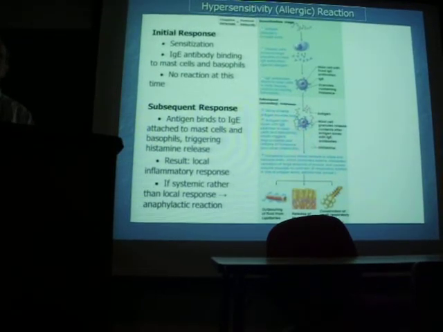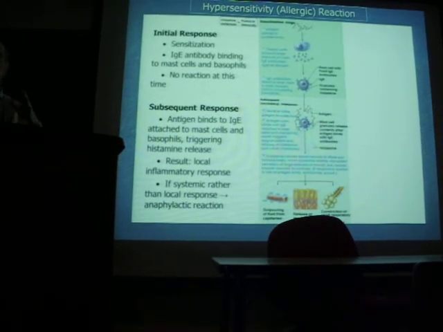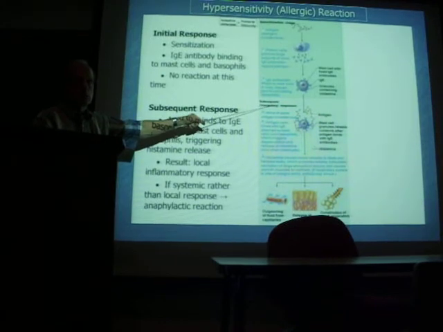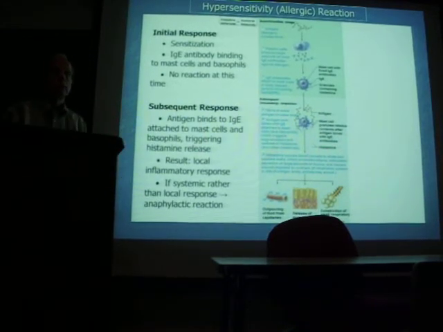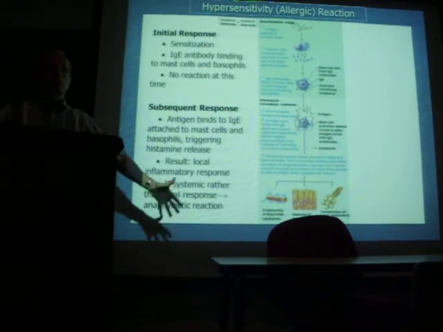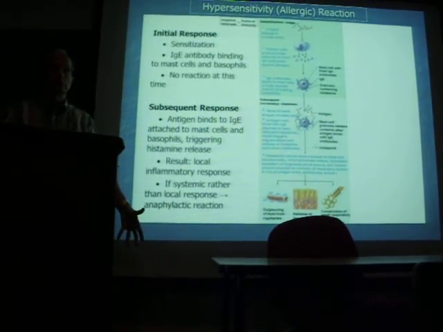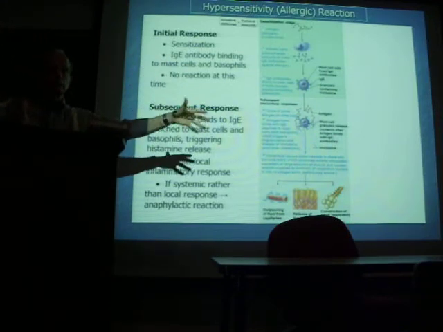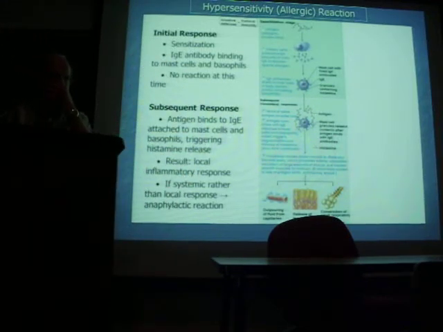Sometimes, however, this is a systemic reaction. So now the reaction is not localized, it's systemic, and you've got massive peripheral vasodilation. What happens to blood pressure and blood flow when you get massive peripheral vasodilation quickly like that?